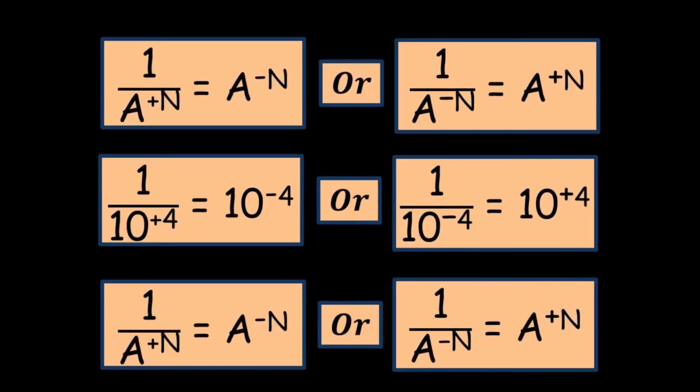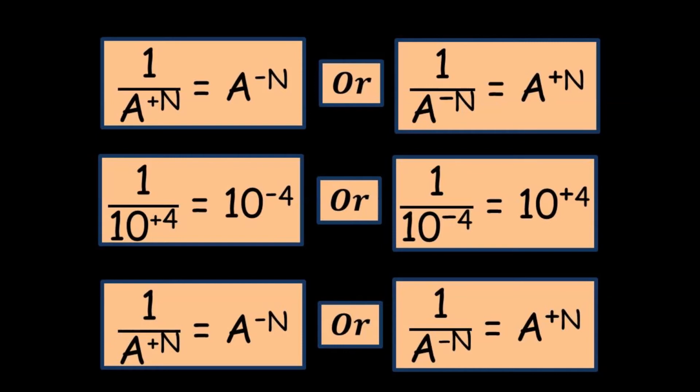Okay? Now, another rule which I think is really important, and that's the reciprocal rule. Now listen to this carefully, this is a little weird. When you take the reciprocal of a base, you take the additive inverse of the exponent.